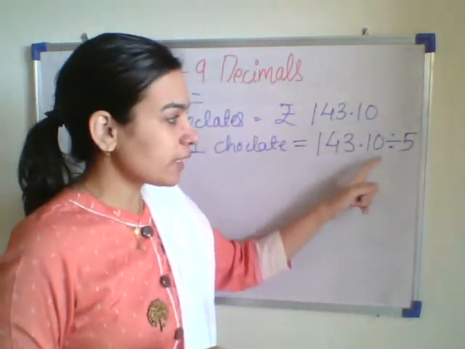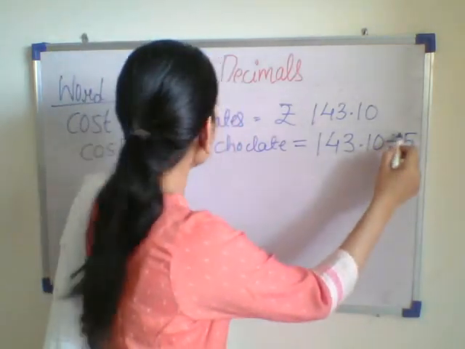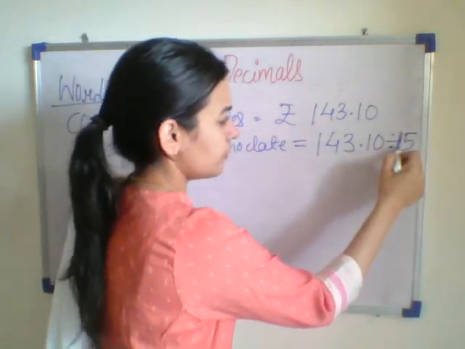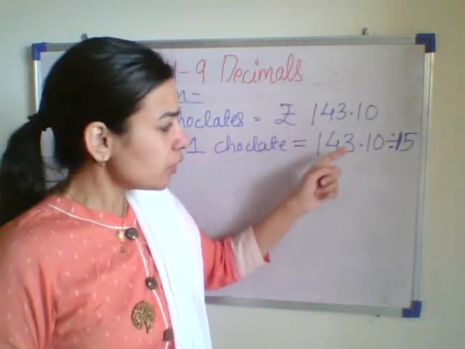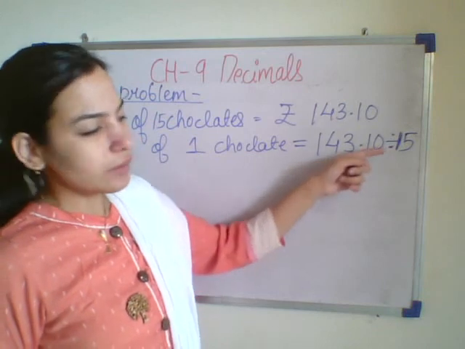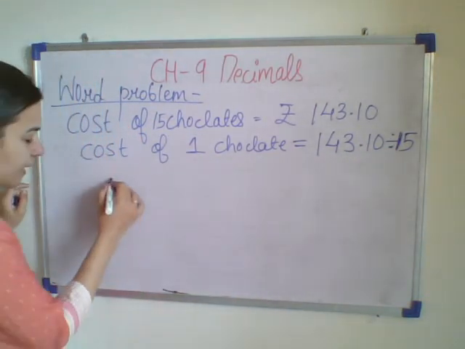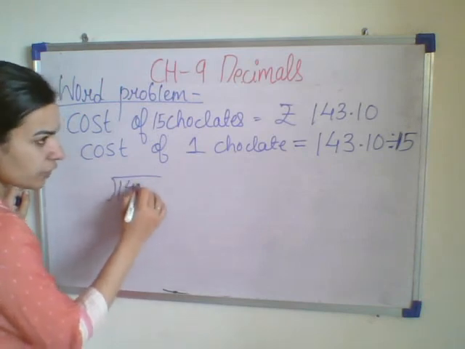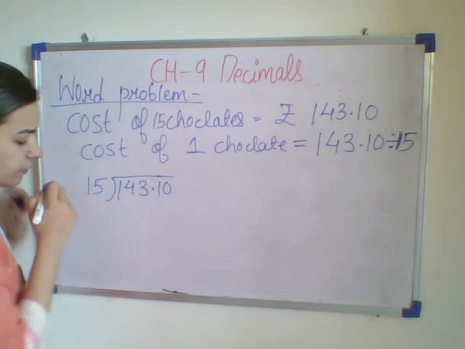Sorry, we will be dividing 143.10 by 15, because it is the cost of 15 chocolates. So we will be dividing 143.10 by 15 and we will be getting our answer. Let us divide 143.10 by 15.